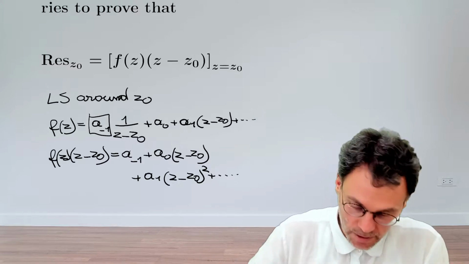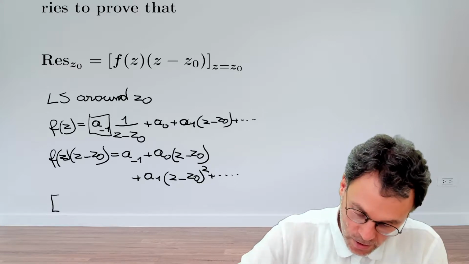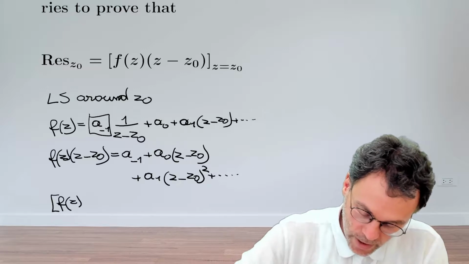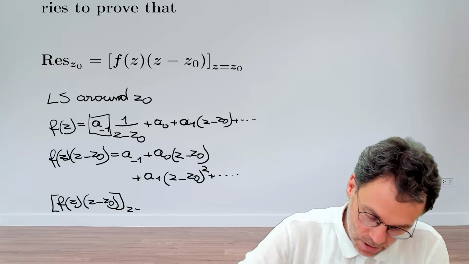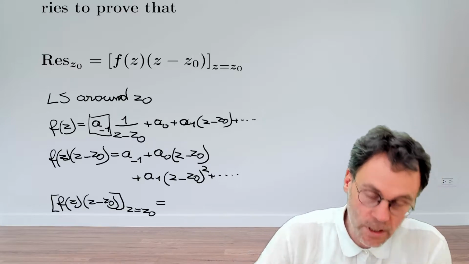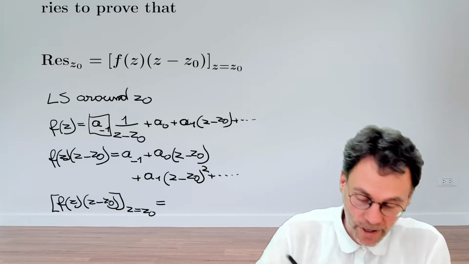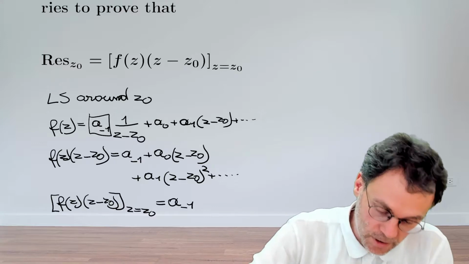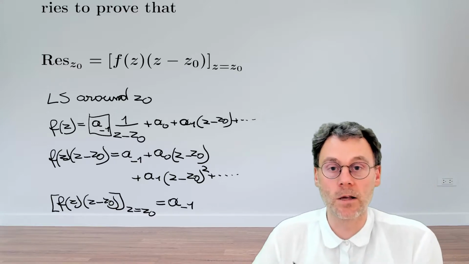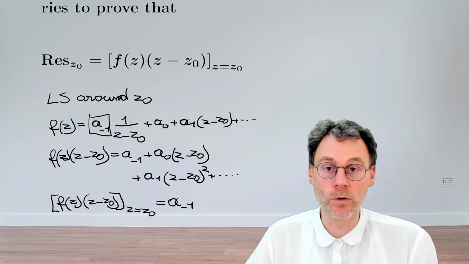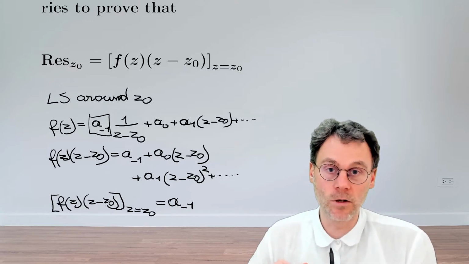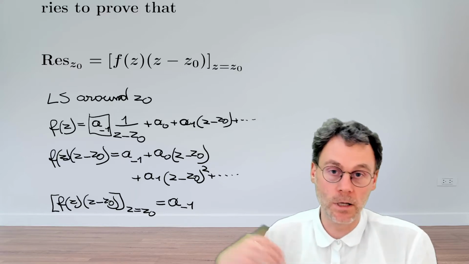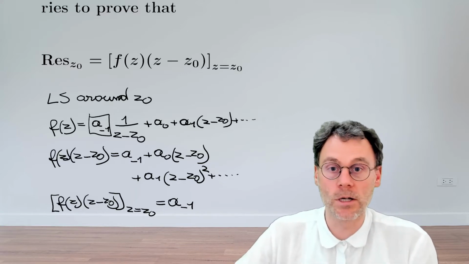And that's basically already where we need to be, because you clearly see that if you evaluate the result at the point z naught, all of these higher order terms will vanish, and the only thing that's left is a sub minus 1. And that's exactly what we need here. So with this particular formula, you can calculate the residue of a single pole without needing to calculate that Laurent series explicitly.